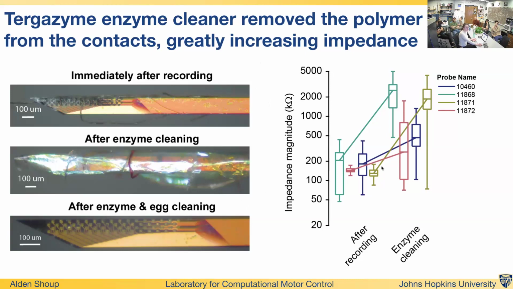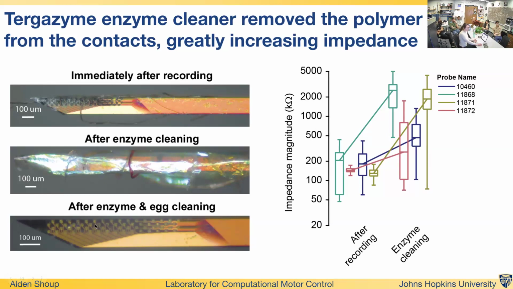These are just the impedances of a kind of dirty probe right after coming out of the brain, about 150 to 200 kiloohms. And when you put them in Tergazyme, the Tergazyme strips off all the PEDOT, and all of these probes become very, very high impedance, like an uncoated new probe.